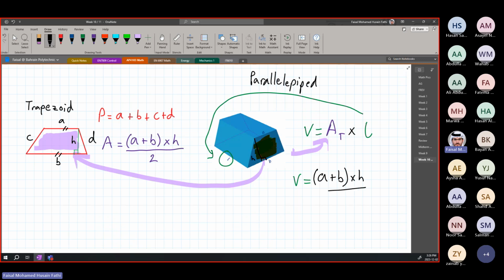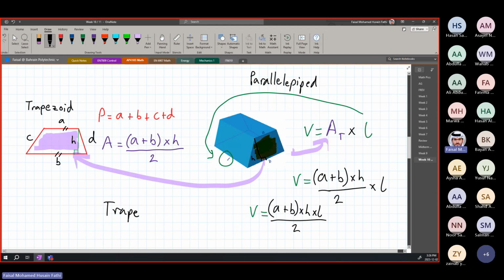Divided by 2 times L. Okay, you could just rewrite that just to make it all into one equation. The volume is simply equal to (A plus B) times H times L all over 2. And this is the volume of a trapezoidal prism.